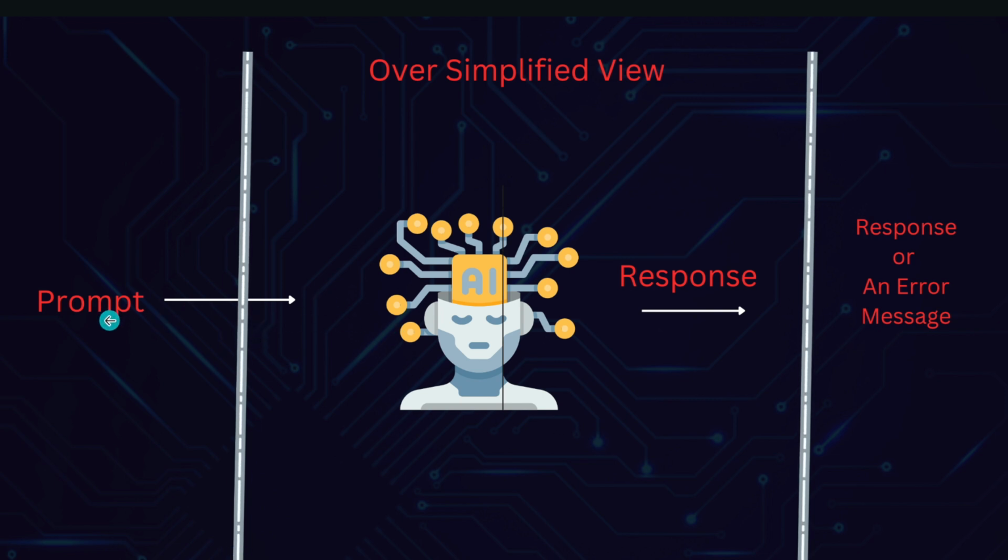Every time a prompt was entered, the guardrail looked at it and checked if it had any malicious content. If it did not, it let it pass through, generated a response, and then sent the response out. But a lot of times, a prompt might contain certain characters or certain injection points which the guardrail might not be able to catch.